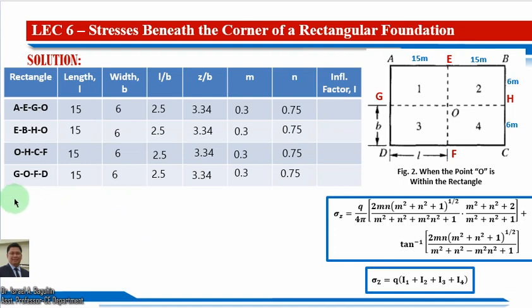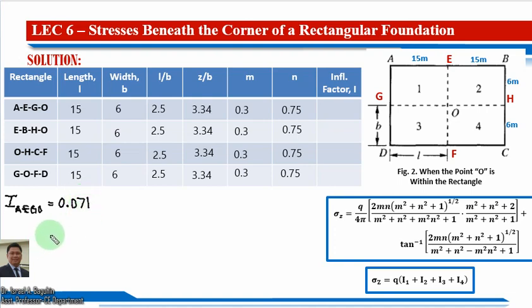Okay, so using the same formula for our influence factor, we can get now the value of these four rectangles, their respective influence factors. For the first rectangle, for our I, for this E and this JO, this is just equal now to 0.071.